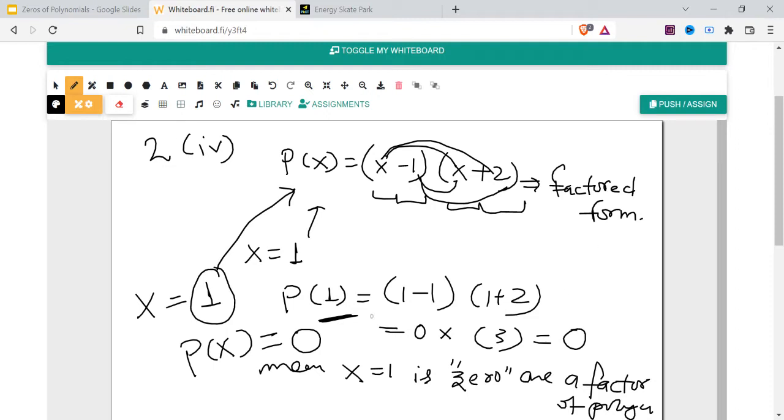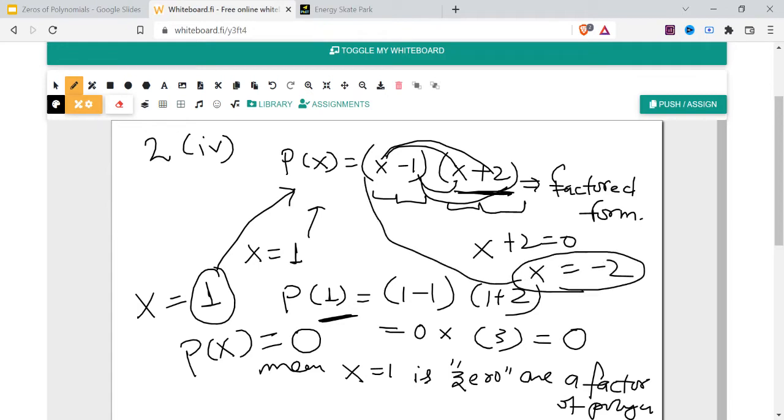So one more observation: x plus 2 equals 0, x equals minus 2. Put this x equals minus 2 into the equation. See, again this x plus 2 will become 0 at x equals minus 2. Then this is also a zero of the polynomial. So there are two zeros of this polynomial.